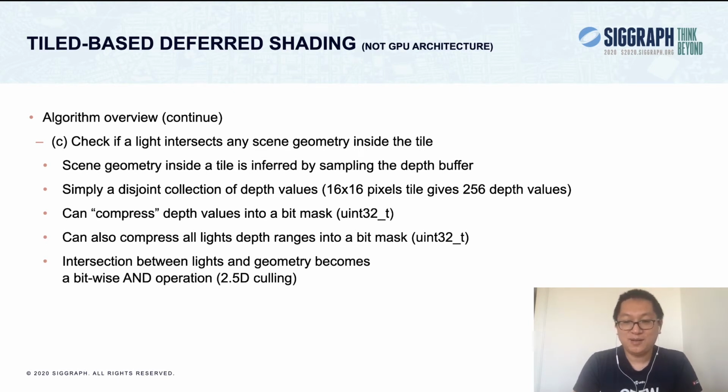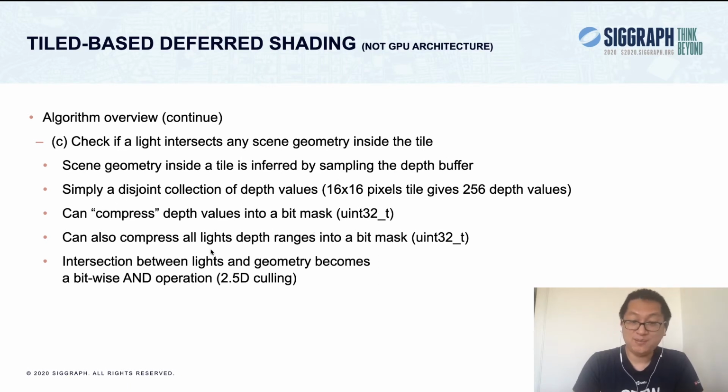So if you have a tile of 16 by 16 pixels, then you have 256 depth values. But you don't have the information of the triangles anymore, the geometry inside. So how do you compare that with a list of lights? What you can do is compress the depth values into a bit mask.